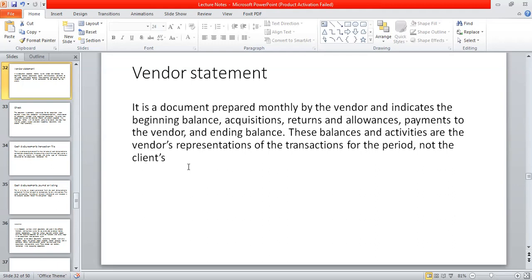So periodically, usually on a monthly basis, the vendor will send the statement, which indicates the opening balance and all other transactions which took place within that period, and the closing balance for the period.